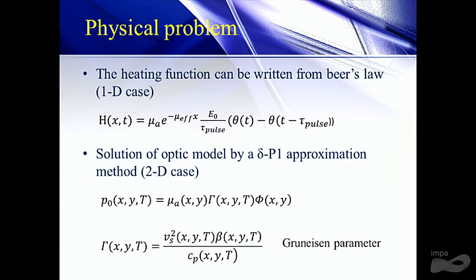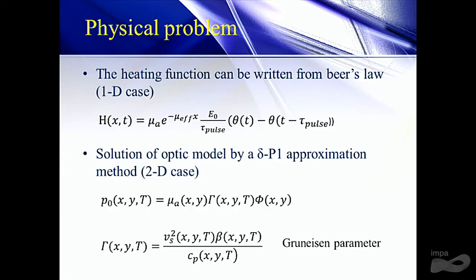We did this for two cases. In the first case, we did it for the one-dimensional case, and after that, we developed it to the two-dimensional case. In the one-dimensional case, we assumed the heat equation, with the product of absorption coefficient and fluence rate of the laser described by the Beer-Lambert law.